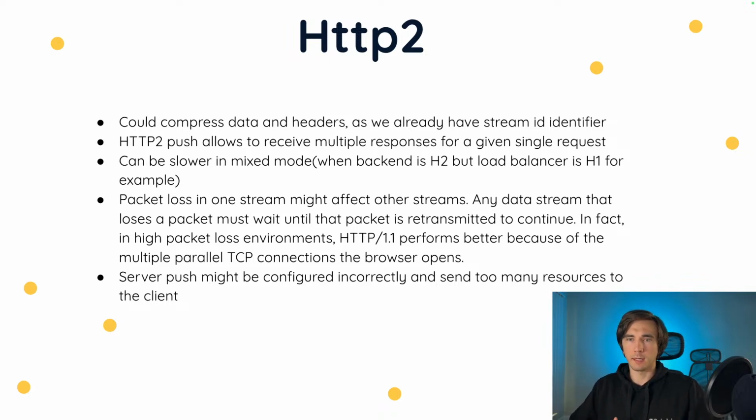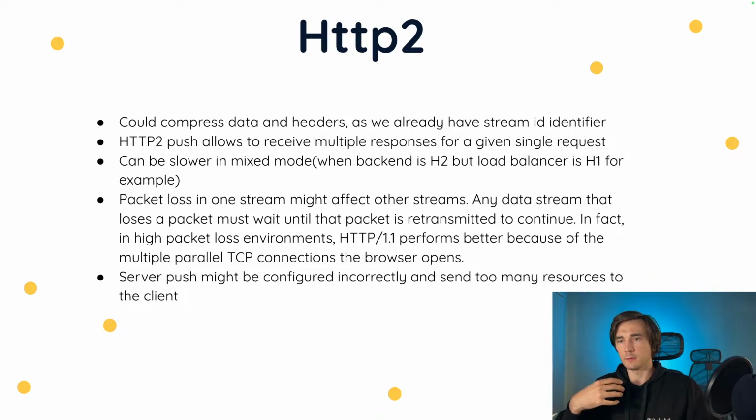because if one stream has some packet loss, meaning some TCP packets did not arrive at the server, and HTTP2 is based on TCP, and TCP requires you to get an acknowledgement that the packet was received.